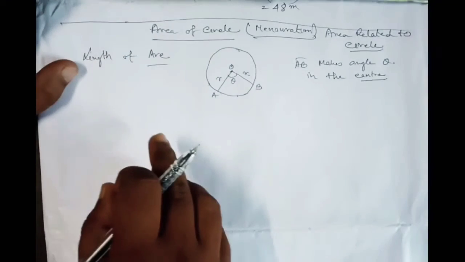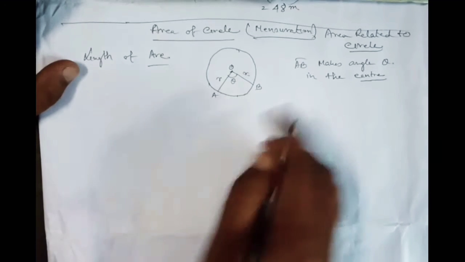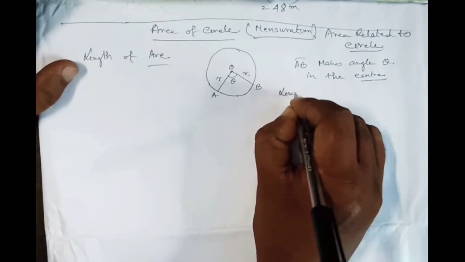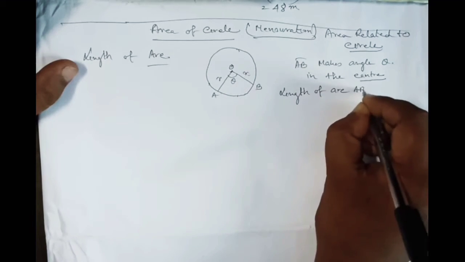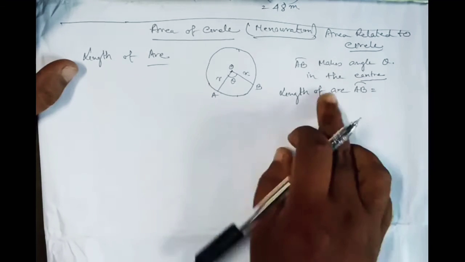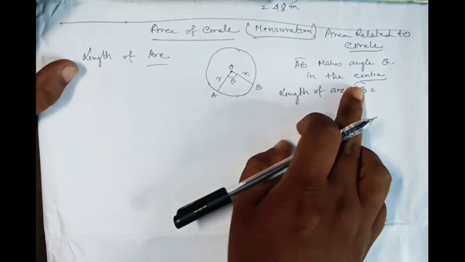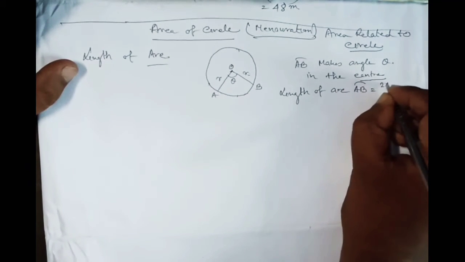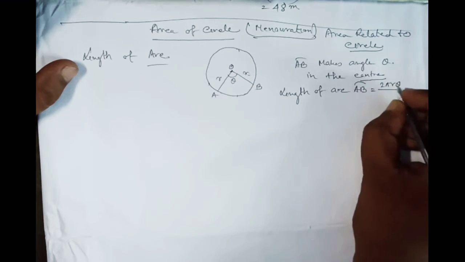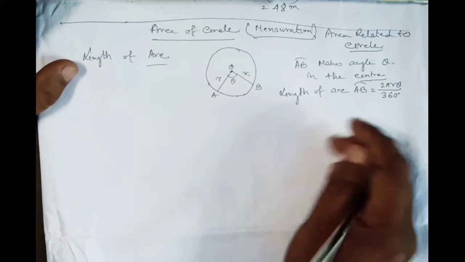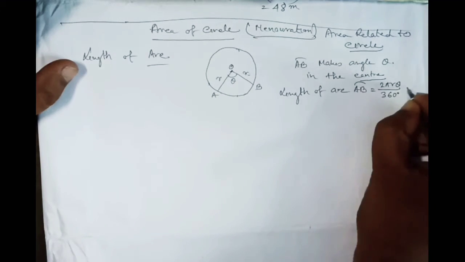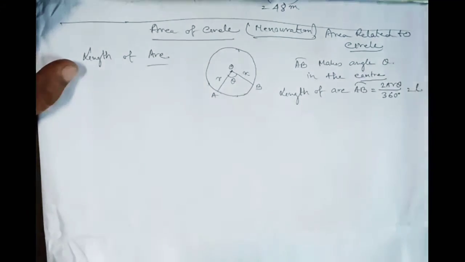So the length of arc AB, or we can write this symbol, that is 2 pi r theta by 360 degree, by 360, and that is called the small l.